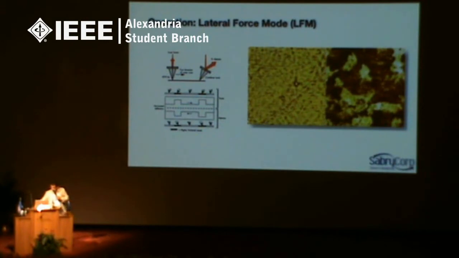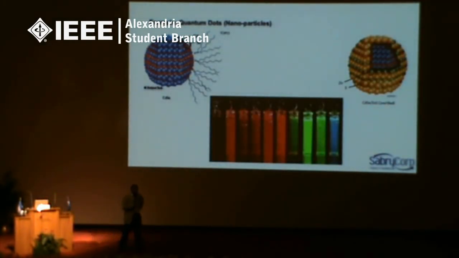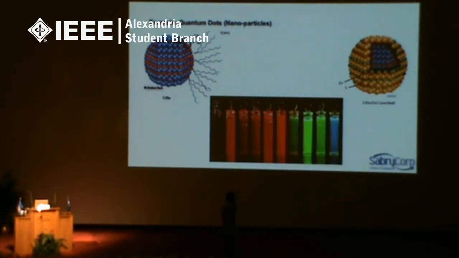I'm going to give one example of material. What I mean is, by changing the size, you change the properties. What you're seeing up there are quantum dots, nanoparticles. These are made of semiconductor material most of the time. What you're seeing inside the vial is exactly the same material but different size.